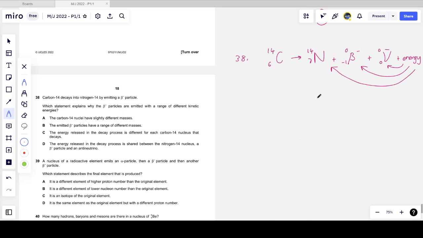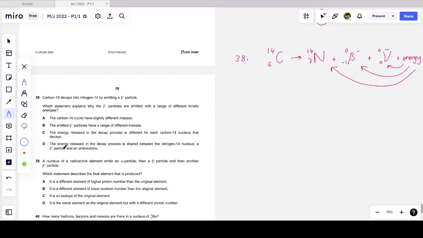So the beta particle is given a significant amount of energy. But the energy is not equally distributed. And so sometimes the energy is distributed more to the neutrino than it is to the beta particle. And so for multiple decays, we can have multiple energies that are being given to each individual particle.